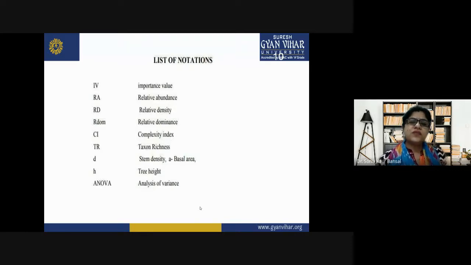So this is how the list of notations is given in the preliminary pages, and it gives you a very clear idea about your work. Whatever abbreviations and notations you have used in your research, it gives you their clear meaning.